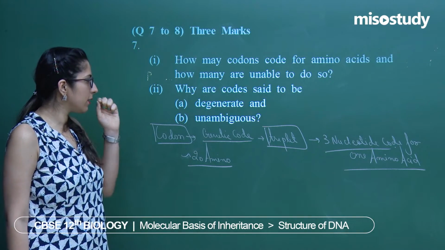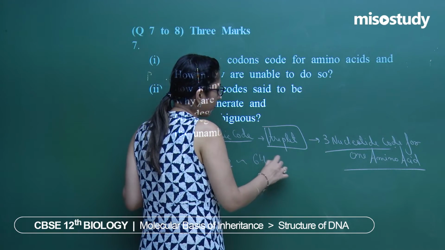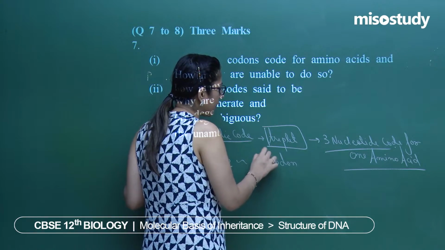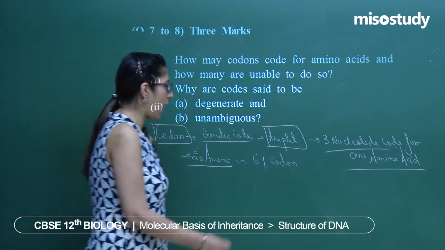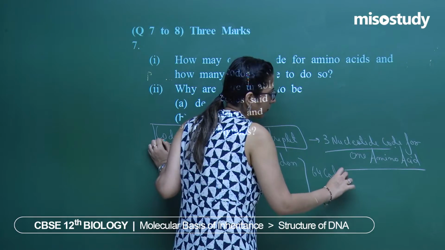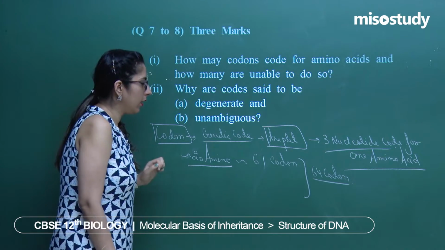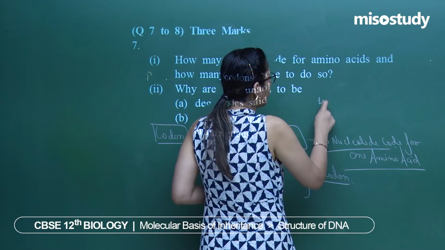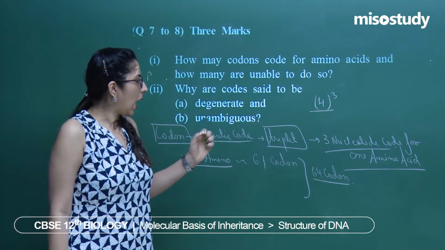Now the 20 amino acids which are present are coded by a total of 64 codons. And if I say the correct data, that is around 61 codons. In total there are 64 codons. It is calculated with the help of the formula 4^3.